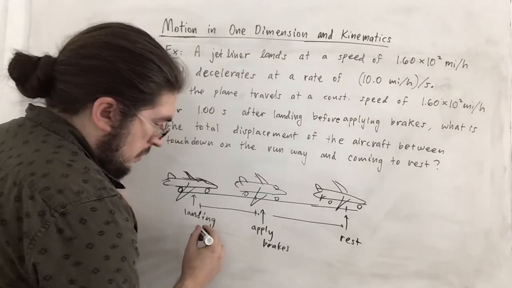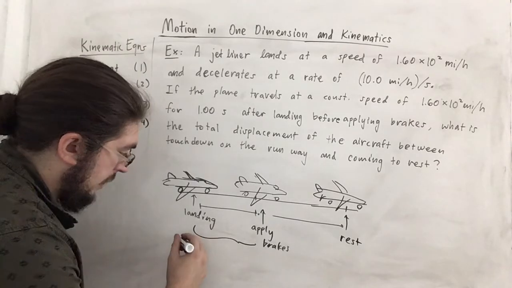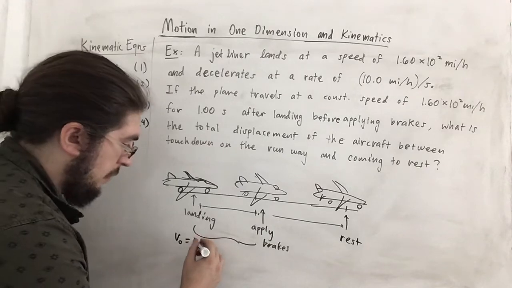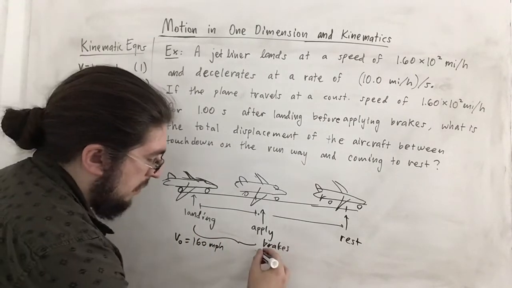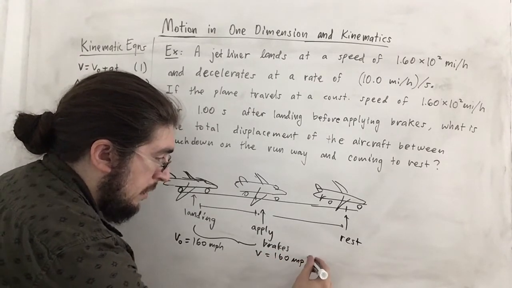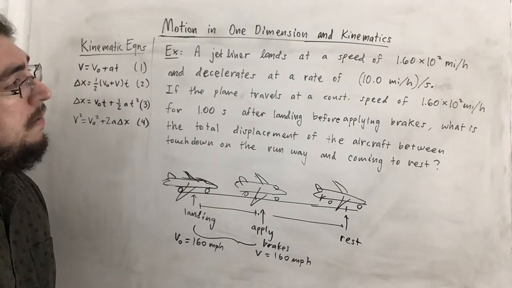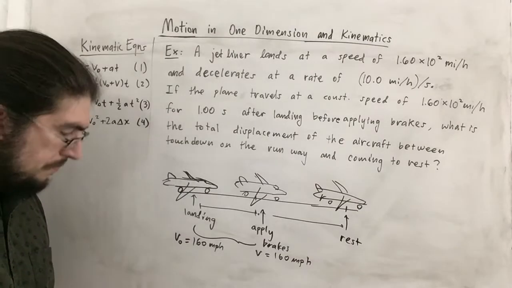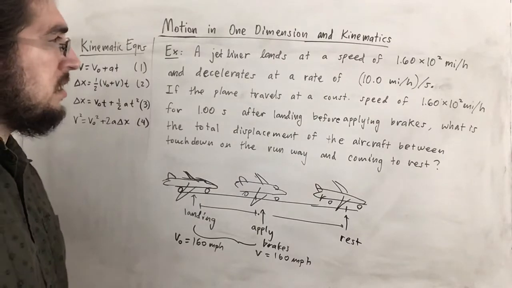So here we'll have an initial velocity. Our initial velocity is going to be 160 miles per hour. And our final velocity will actually also be 160 miles per hour because we're going at a constant velocity. So our velocity is not changing. That makes a lot of sense. Good. And now with all of these problems, we're assuming our acceleration is constant.